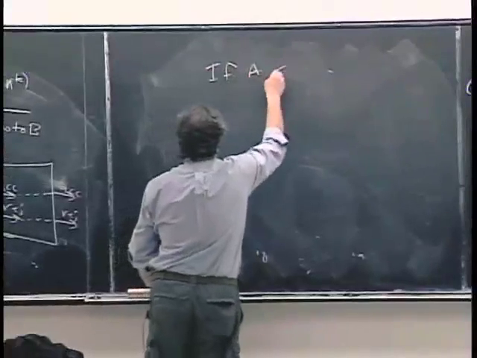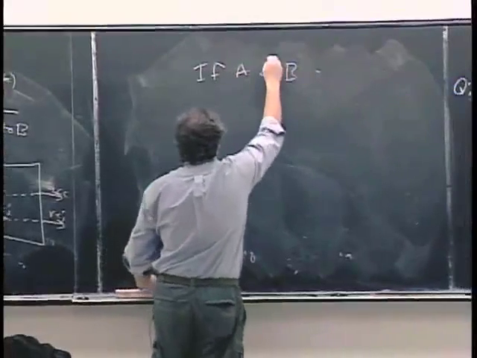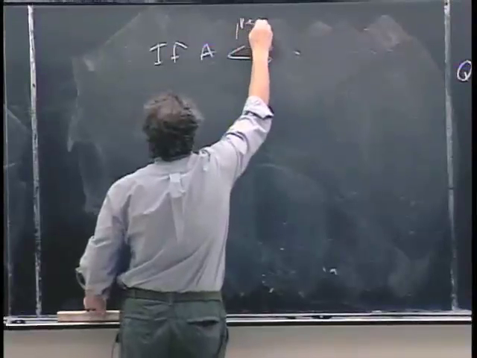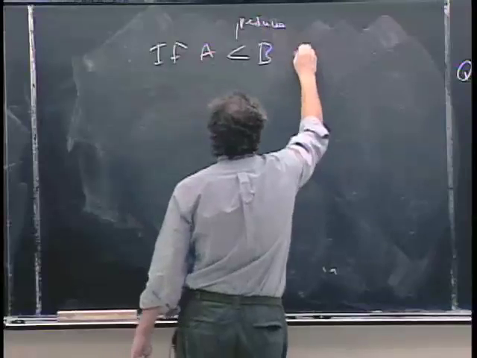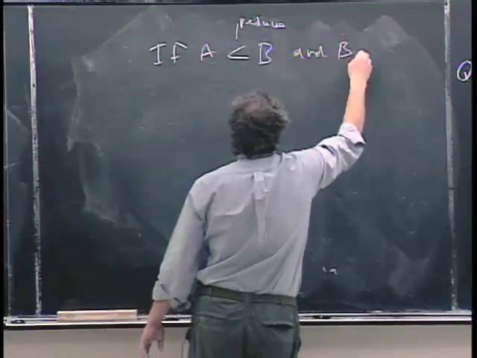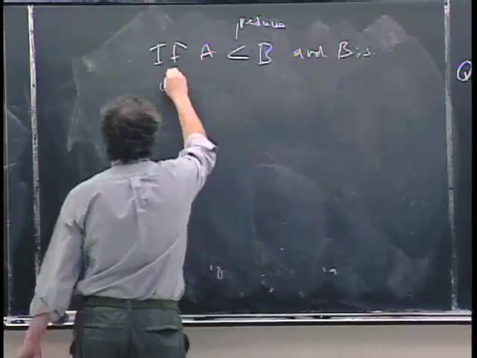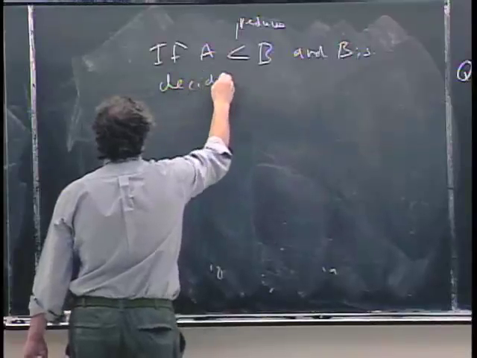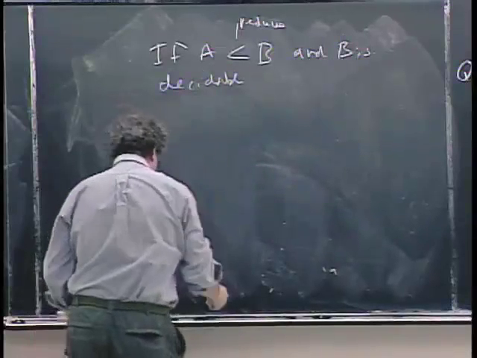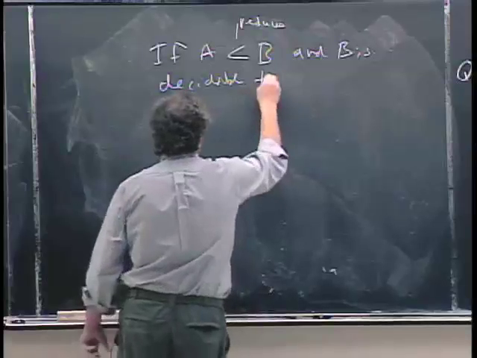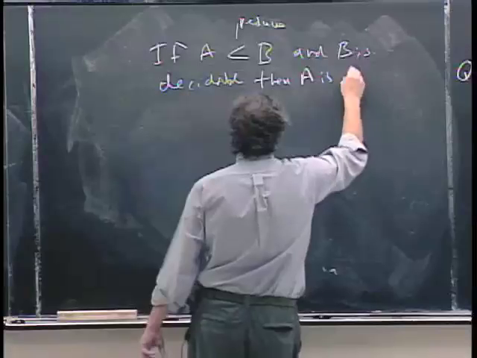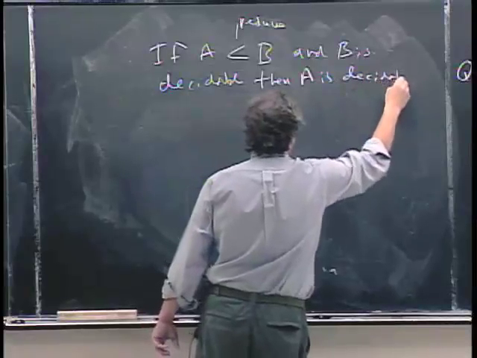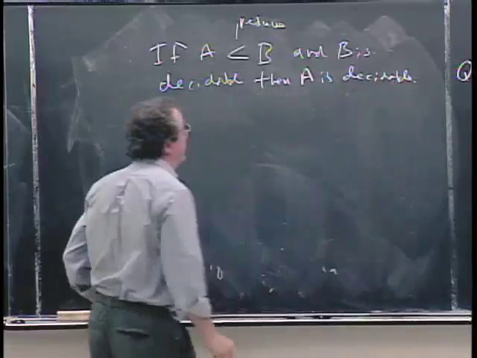And we said if A reduces to B, now this is some notation we hadn't used before, A reduces to B, and B is decidable, then A is decidable. Okay?